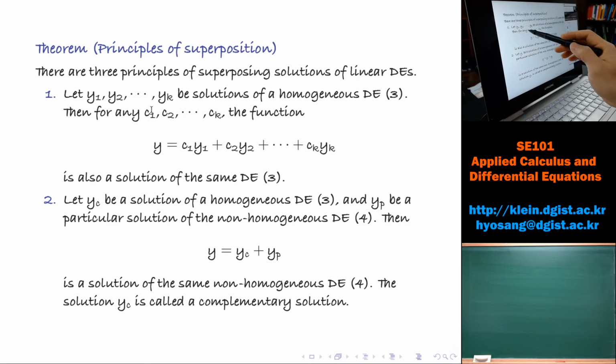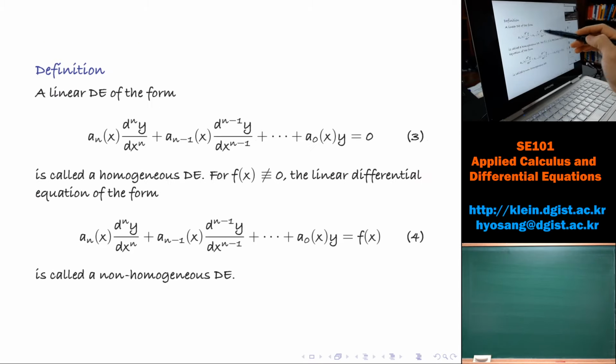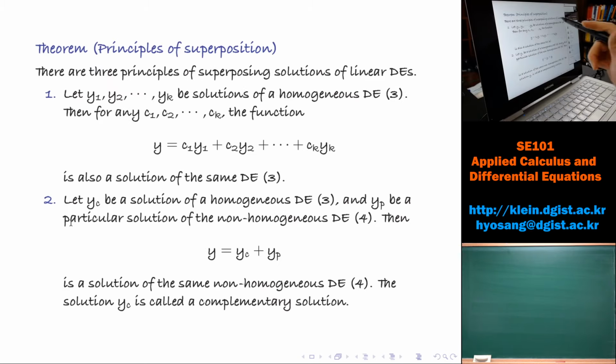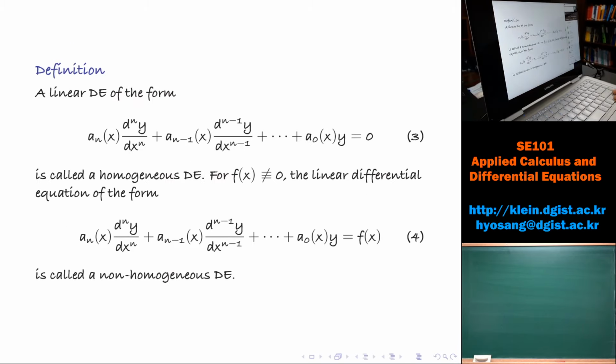If you take any constant for each particular solution and take the linear sum, the summation of each function with first degree and constant coefficients, this is called a linear sum. Such a linear sum is always a solution of the same differential equation. The differential equation number 3 is this one.